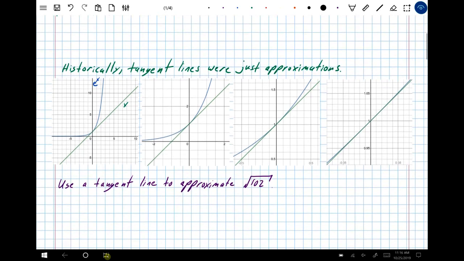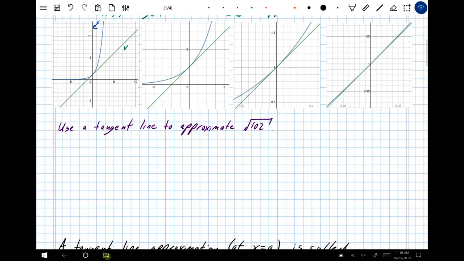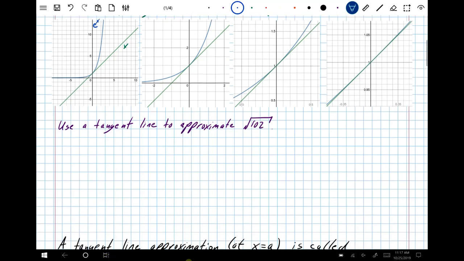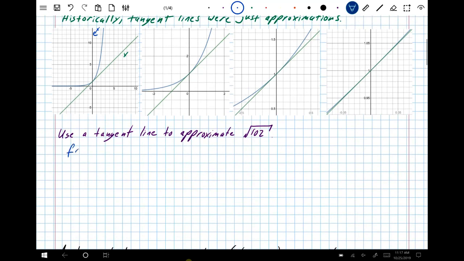So let's see how we could actually do this using our example, the square root of 102. So, well, I probably need a function here. That function is going to be f of x equals the square root of x. Great.